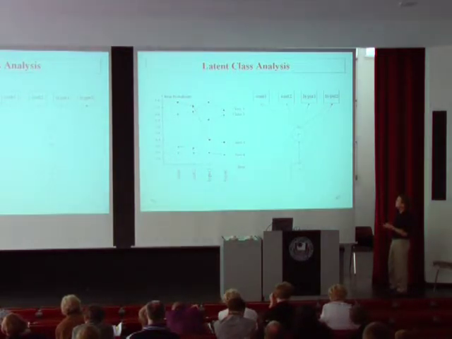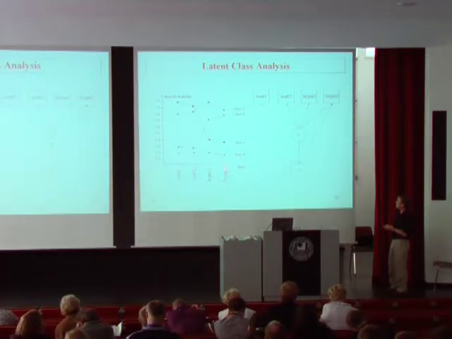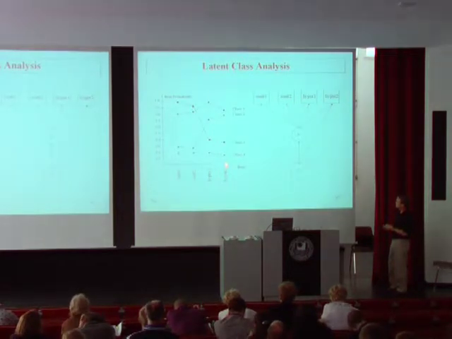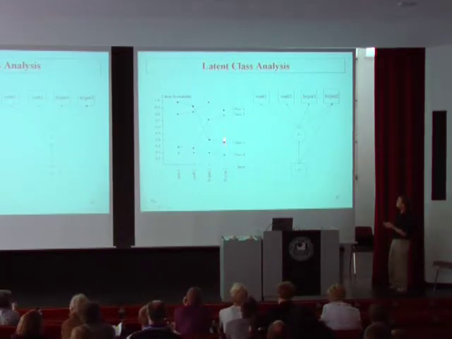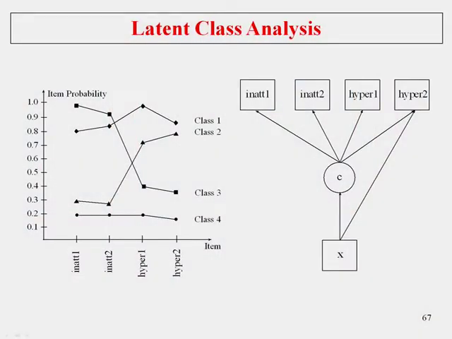So for instance, if you look at item hyperactivity 2 here, the probability of endorsing that item is about 0.2 if you're in class 4, about 0.4 if you're in class 3, 0.8 if you're in class 2, and 0.9 if you're in class 1. So this one item has 4 different probability parameters connected to it. We're going to call them conditional item probability parameters.